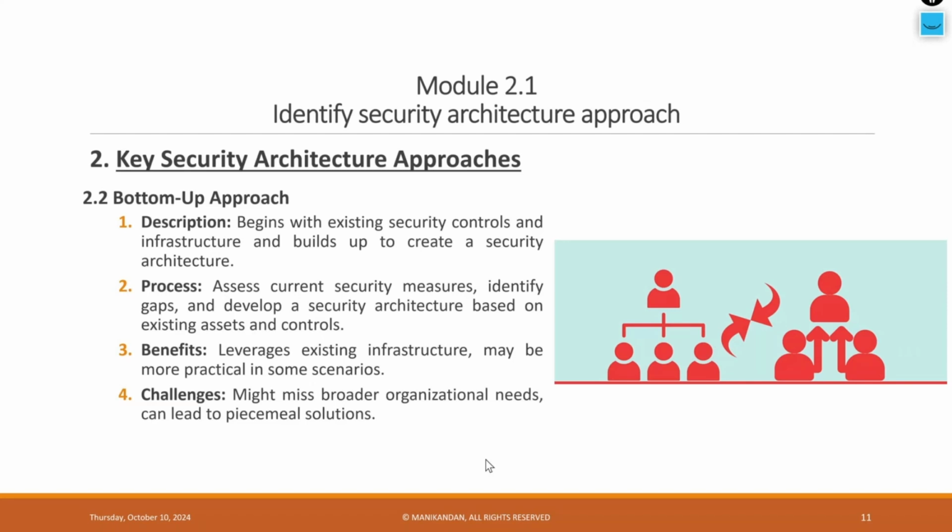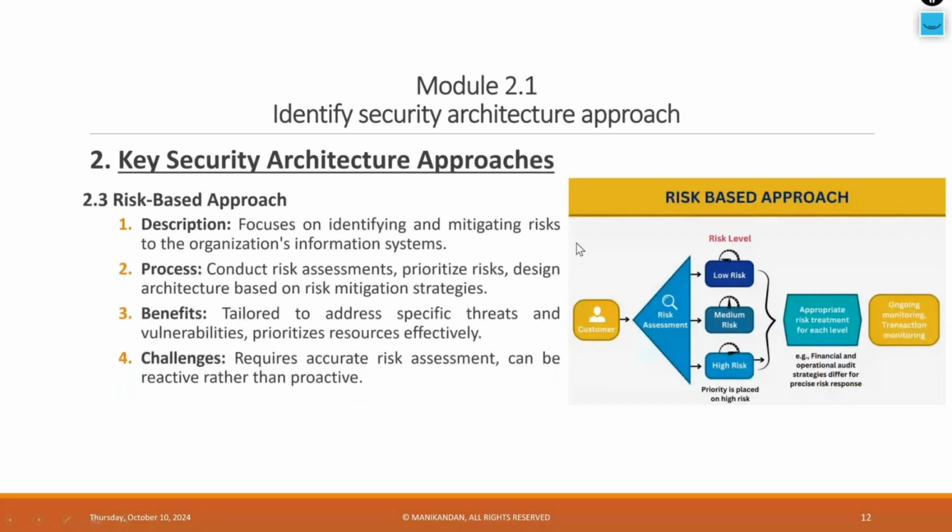Now when we are talking about security architecture, we have something called a risk based approach. What do we mean by a risk based approach? It means the organization is defining a security architecture which is focused on identifying and mitigating the risks to the organizational information system.